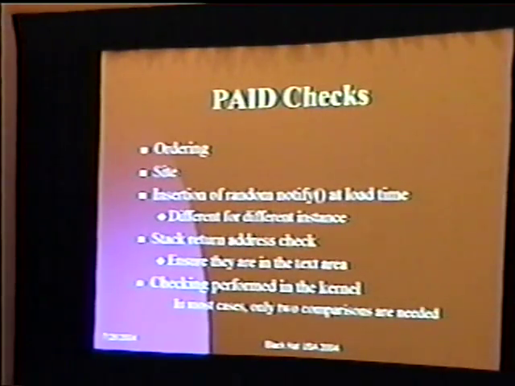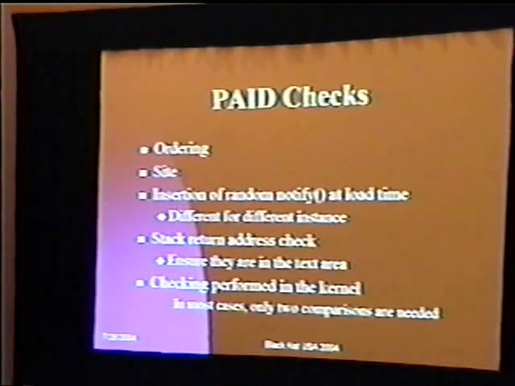So in order to defeat this, we insert a random notify system call at load time. So when I start the program, I randomly insert some system call which is not in the original source code. That means that at runtime, my legitimate system call policy is different from one instance to the next. So I start Apache, and this time my system call policy is slightly different because I'm randomly inserting this notify, all right? So that's what we do.